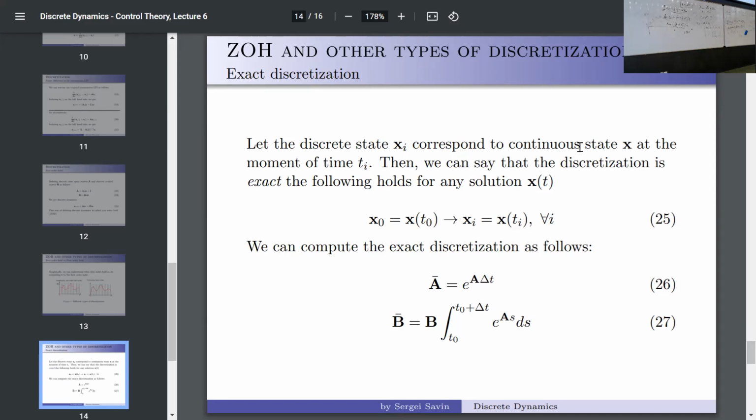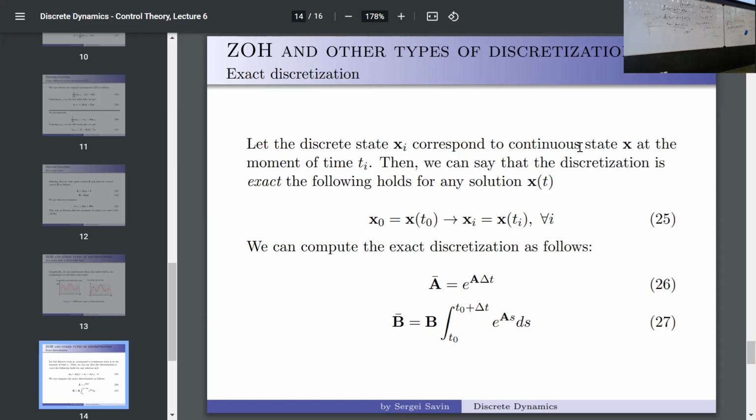It is a little bit more complicated, but it's also doable. And then you would have a slope which would not correspond to the slope of the system at the point where you try to find the discretization, but it would correspond to the slope which, after you simulate it forward, would land you at the exact same point where a continuous system would have landed you. You understand, right?